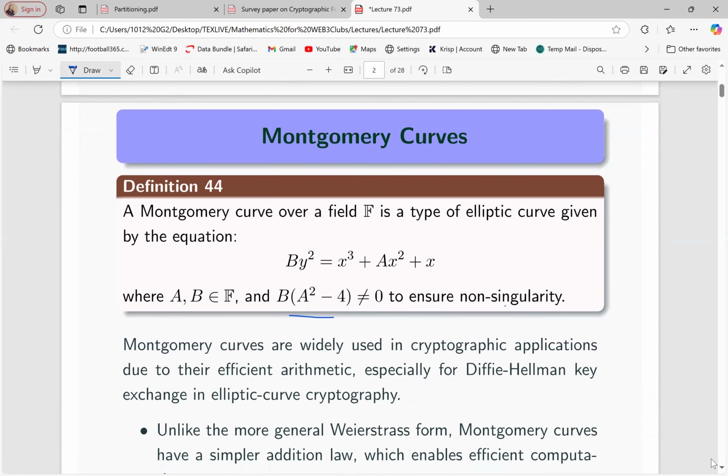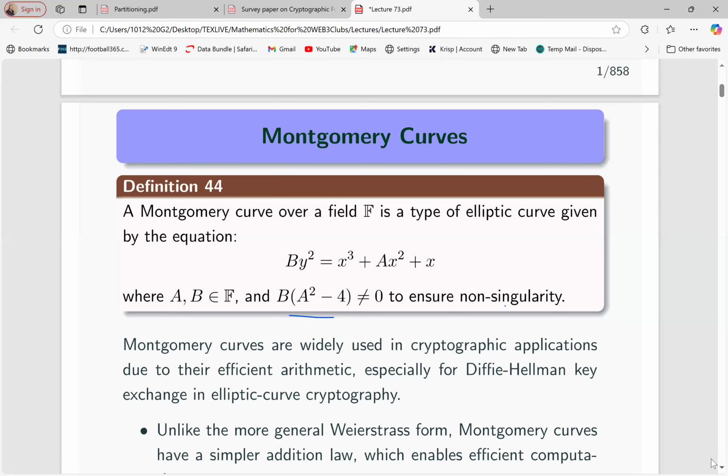Now, so why are Montgomery curves of importance? We are saying that they are widely used in cryptographic applications. And the reason is that it's easier to do arithmetic, whether addition or what. Of course, we're talking about elliptic curves, we'll be looking at how to double points, how to add points.